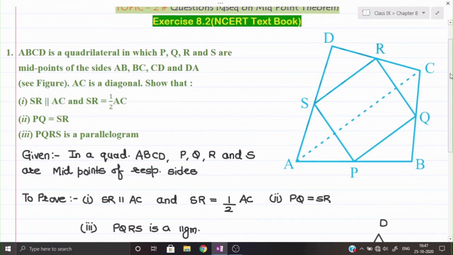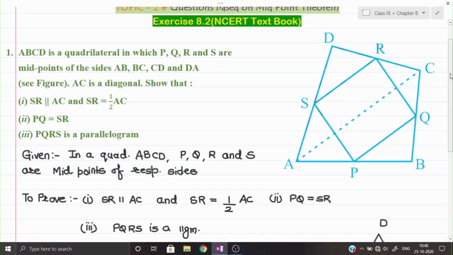Now see how we can show that PQ and SR are equal. Before we prove this, one thing you observe: if I take a triangle ABC, P and Q are the midpoints. You have to see these things orally. Look at the triangle carefully. A, B, C. In this triangle, P and Q are the midpoints of sides AB and BC.